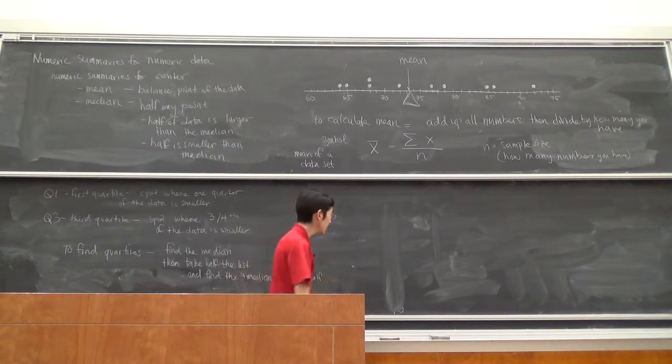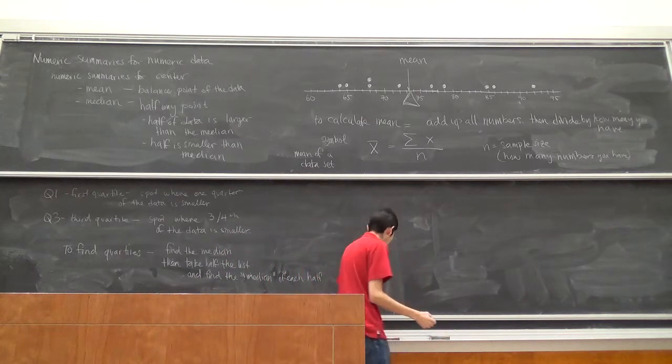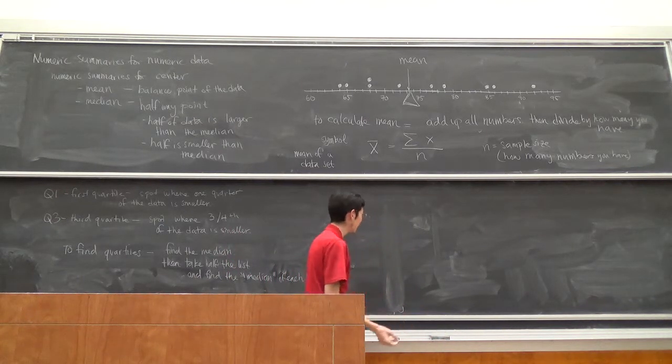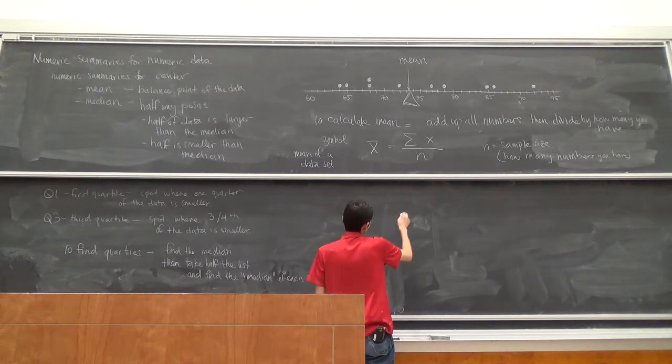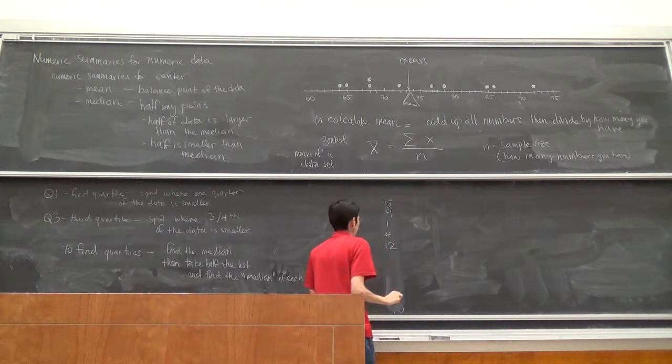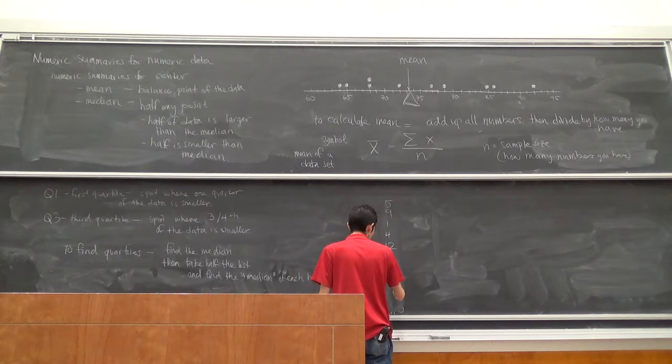All right, so let's say Mr. and Mrs. Jones have 10 grandkids, and the ages of the grandkids are 5, 9, 1, 4, 12, 16, 7, 22.